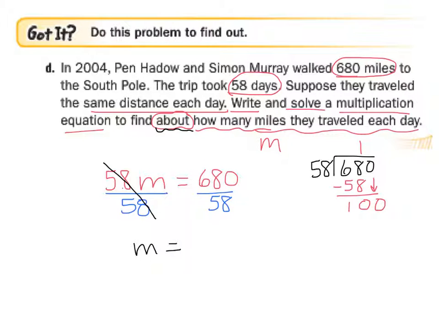And then 58 will only go in here one time because 50 times 2 is 100, so 58 will be larger than 100, so we need to borrow. So 10 minus 8 is 2, and then we have 5, 52. Oh, I'm sorry. Did you catch my mistake? This should be a 9, so this would be 42.